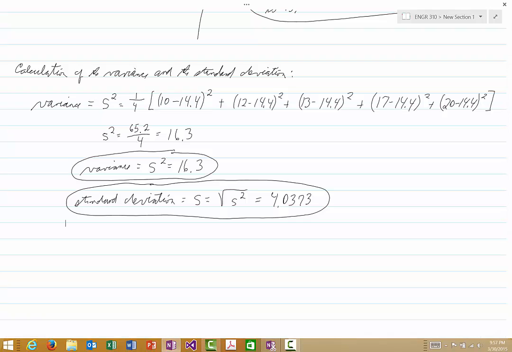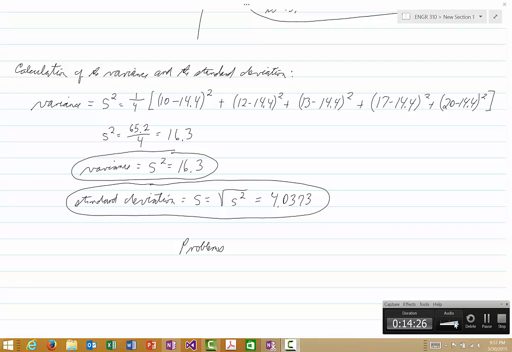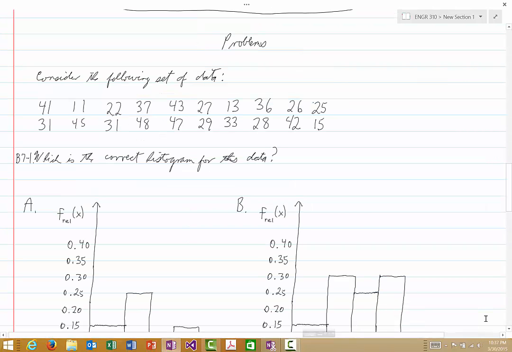So now let's look at some problems on these concepts. Okay, for the problems for lecture B7, for the first problem, I want you to consider this set of data.